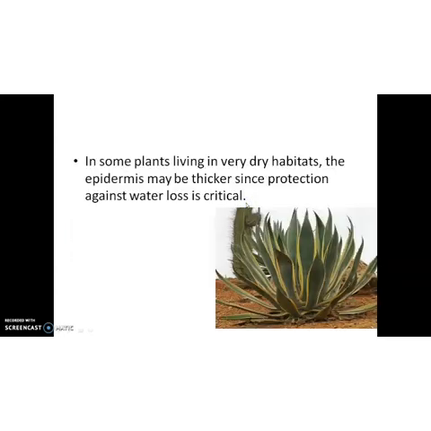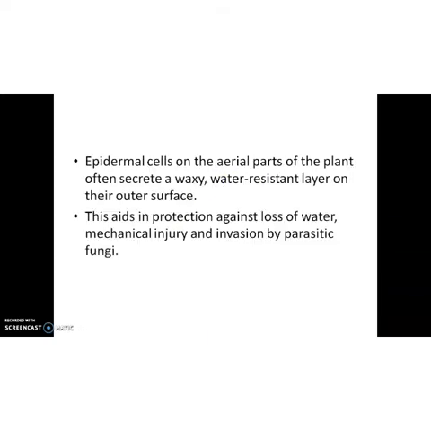In some plants living in very dry habitats, the epidermis may be thicker since protection against water loss is critical. Okay? And epidermal cells on the aerial parts of plants often secrete a waxy water-resistant layer on their outer surface. What may be its function?